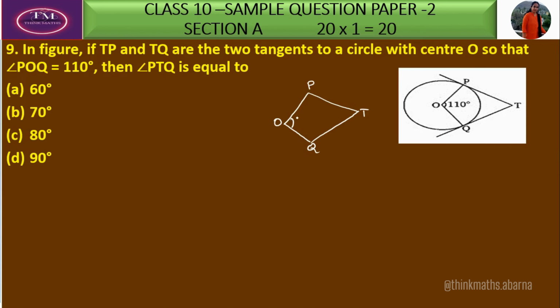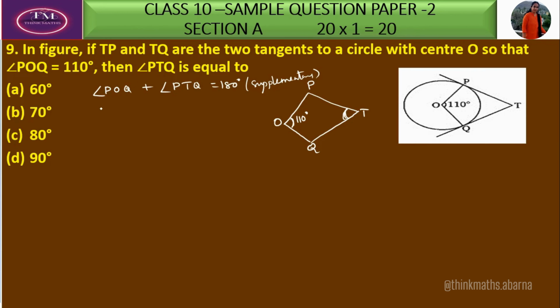So this is 110 degree. In a quadrilateral, if you add all the angles, it is 360, and opposite angles are supplementary. So angle POQ plus angle PTQ equal to 180 degree because opposite angles are supplementary.